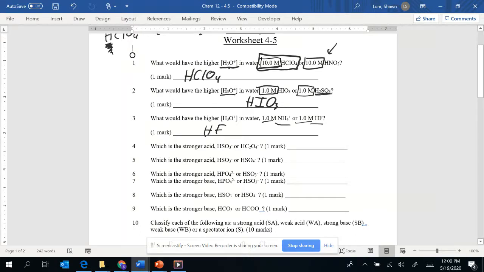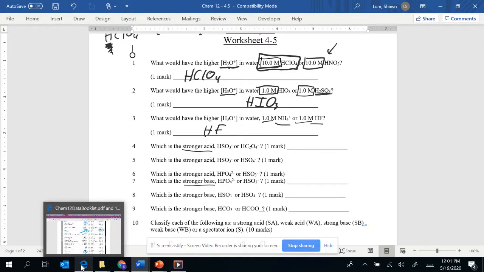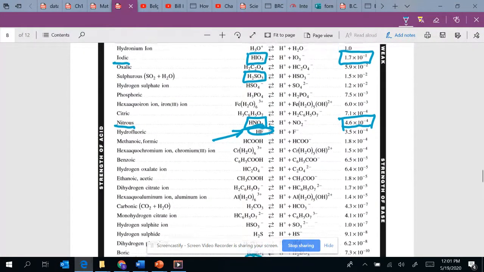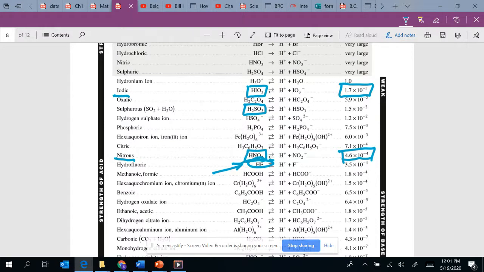Now, difficult question, HSO3 or HC2O4 minus, and we're looking for the stronger acid. We can see later on it'll say stronger base, and we'll get to that one, but this one says stronger acid. What we see here is the confusing one.